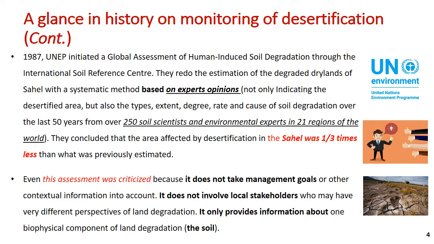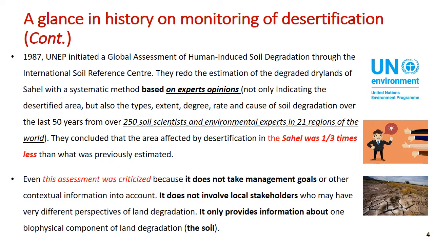And at this time, the aim was not only to identify the desertified area, but even to come up with more specific information, like what is the type of desertification that exists there? Is it a vegetation type? Is it because of, let's say, overgrazing, because of the drought?